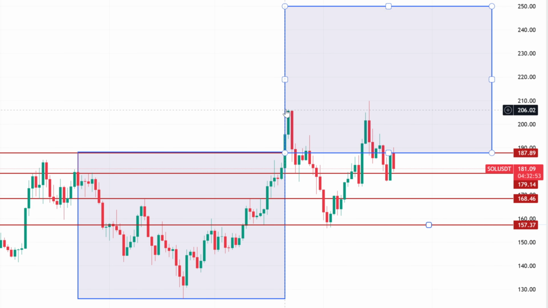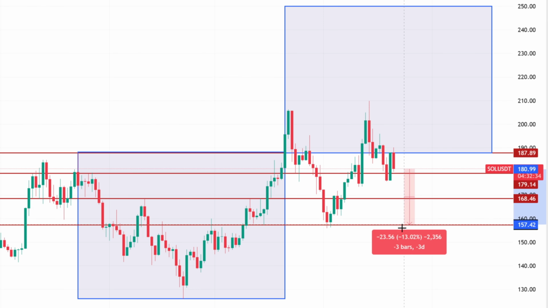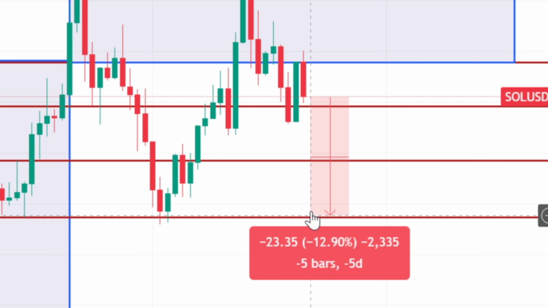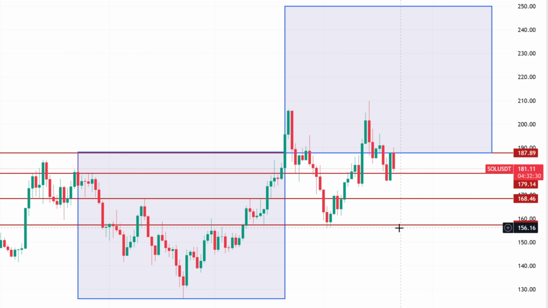You can see with this correction, we moved exactly to this level, bounced off it, and then made a new high. And this is the invalidation level because this is the 50% level from this move where we had the breakout from. And we are, let's see how many percent that is, about 13% away from this level.